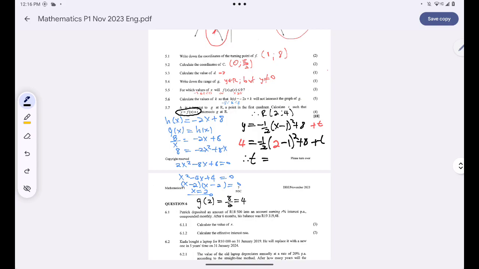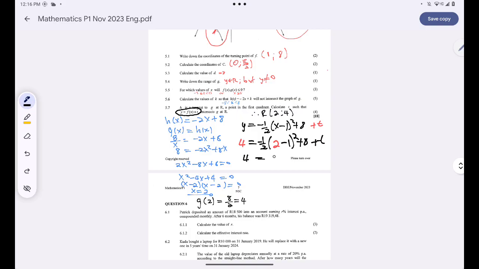And therefore I can just find the value of t. Okay, how can I do that? Let me not jump steps because I'm even hesitant to use the calculator. I'll have a 4 this side.